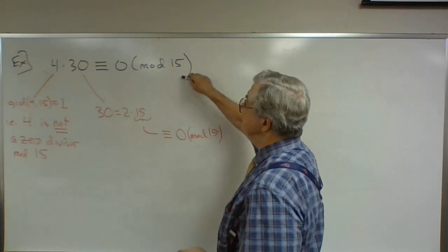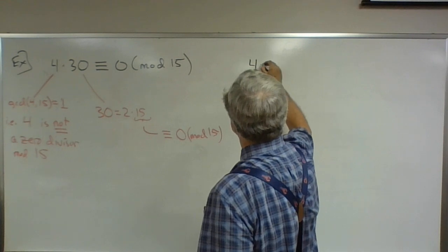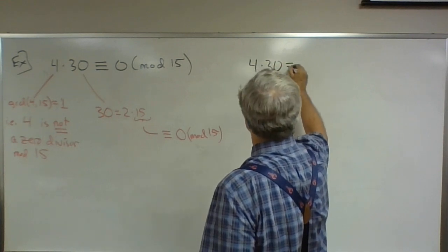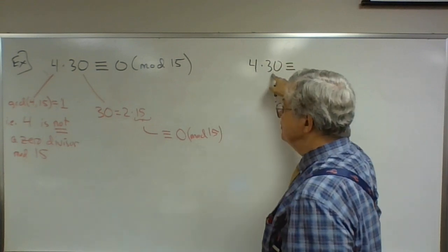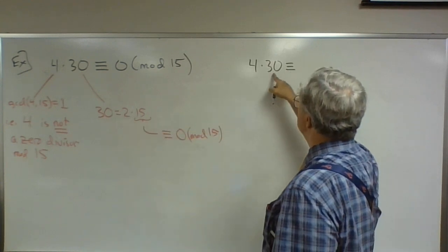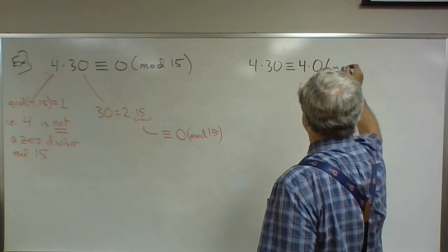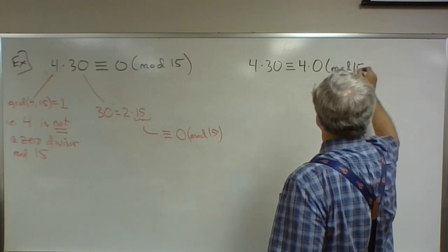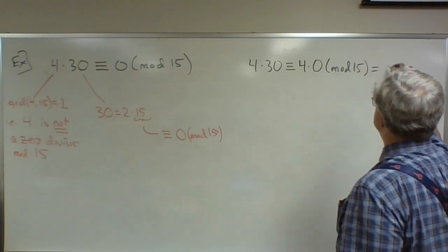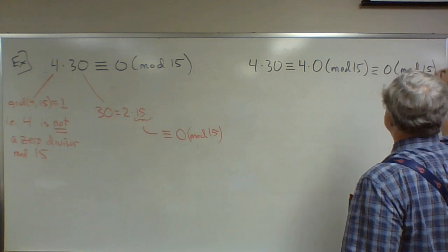So why does this work if 4 is not a zero divisor? Because 30 is congruent to 0 mod 15. 4 times 30 is congruent to 4 times 0 mod 15, and that's congruent to 0 mod 15.